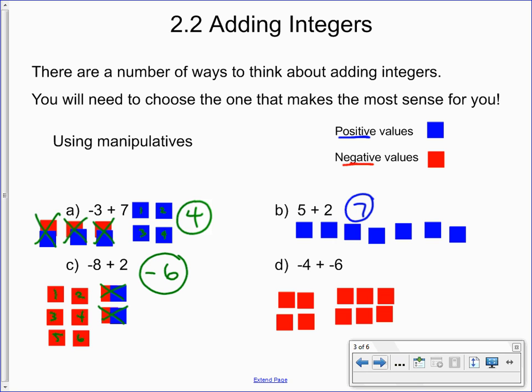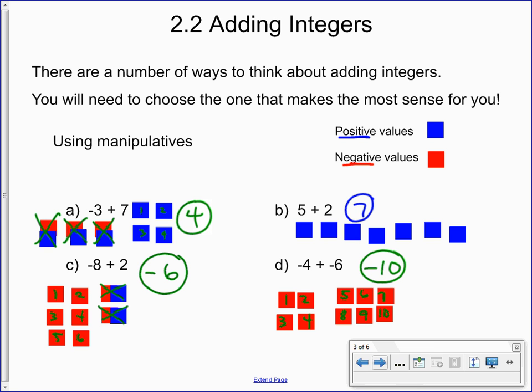Okay, there are again no positives to cancel out any of these negatives. So if I look at what I have, those 4 negatives and 6 more negatives give me 10 total negatives. So my answer to this problem is 10 negatives, or the number negative 10.